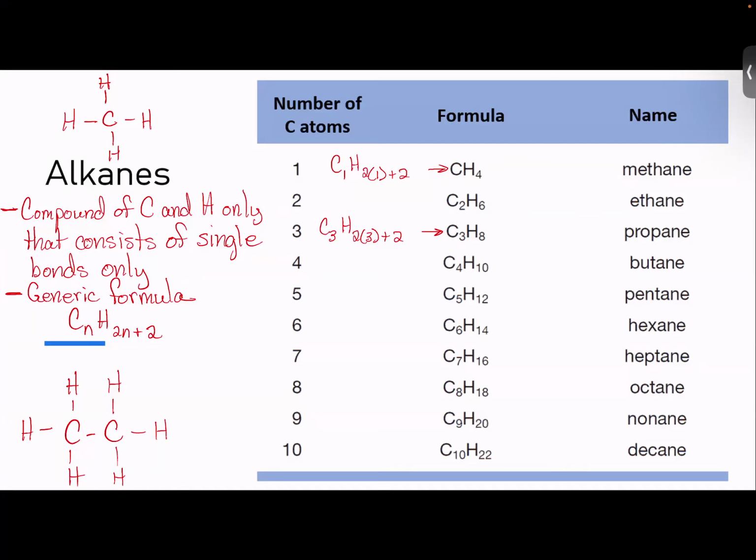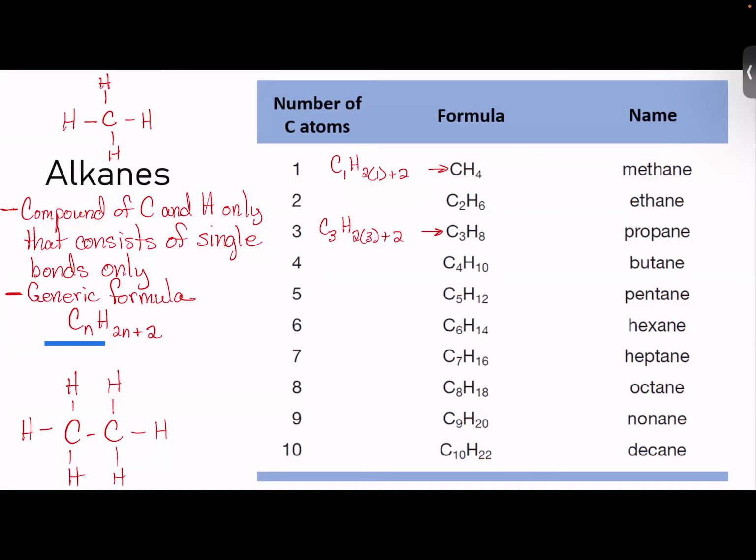Yes, we can have alkanes that have 11 carbons, 12 carbons, 50 carbons. Again, the number of ways that carbon can combine with hydrogen is astronomical. It's crazy just how many ways carbon can combine with hydrogen.